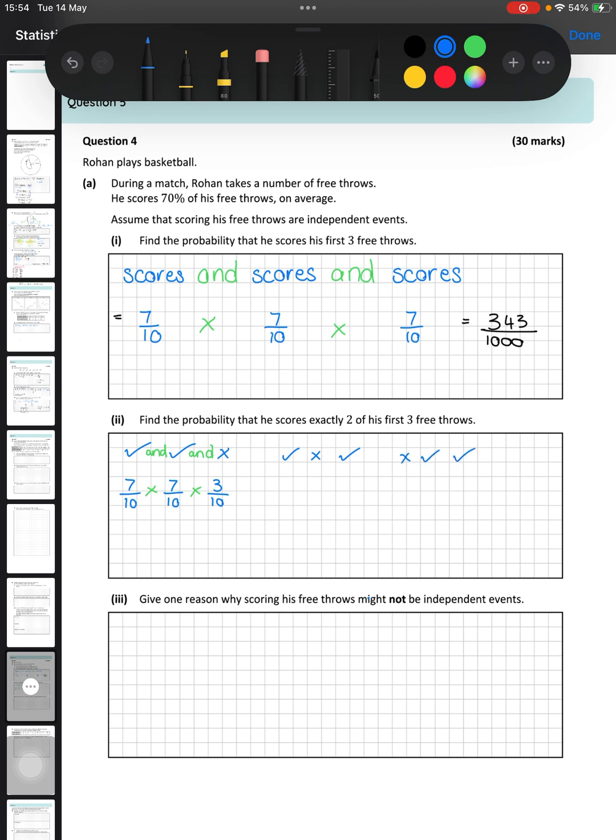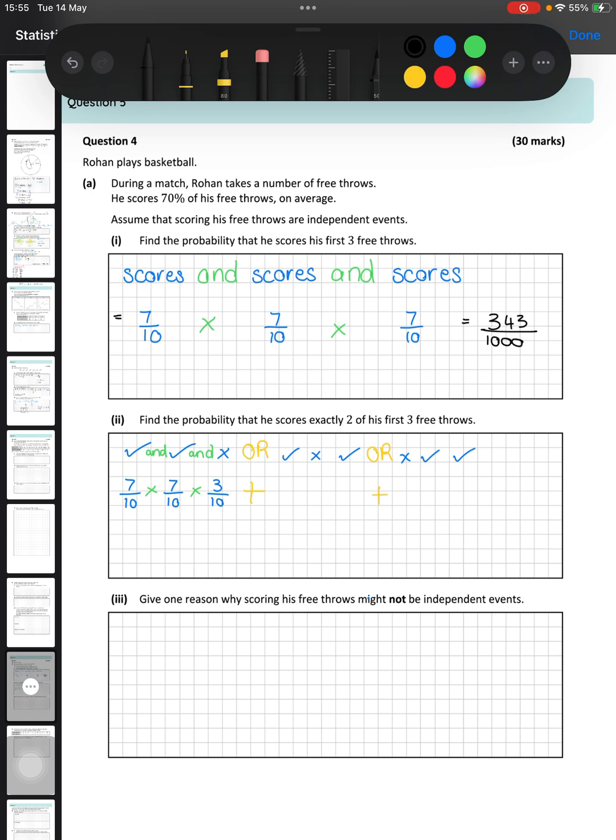So because there's 3 different ways that this can be arranged, we are going to multiply that answer by 3. Okay? Or if you want to look at it in a different way, instead of multiplying that answer by 3, you can use the word or here, because we know the word or means that we add those probabilities together.